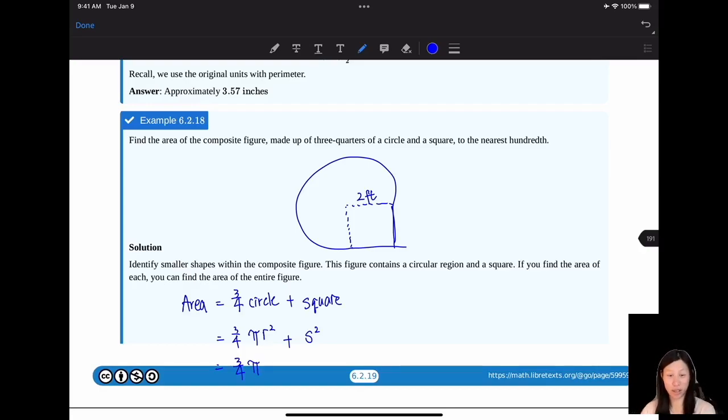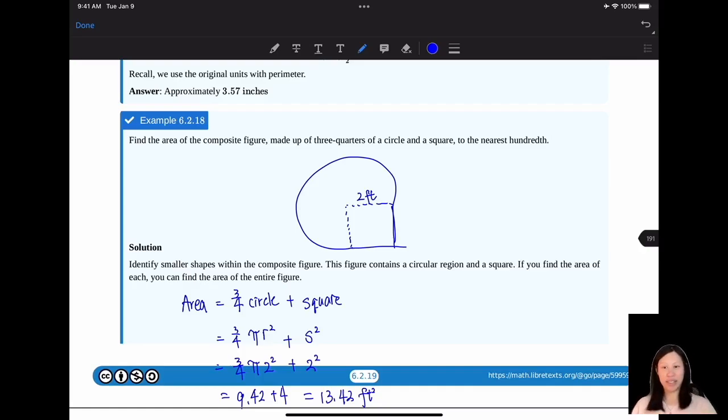The radius is also 2 feet. So the radius equals 2 feet, and the side of the square also equals 2 feet. We add these together. Using a computer, we have 9.42 plus 4. So the area is equal to 13.42 square feet.